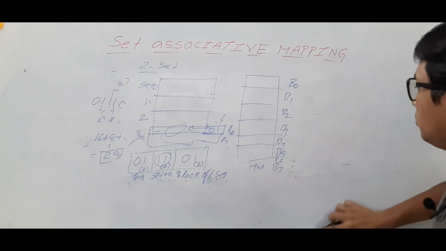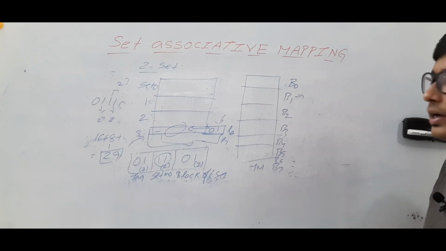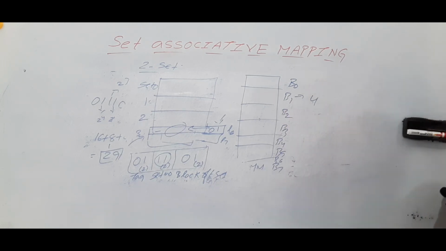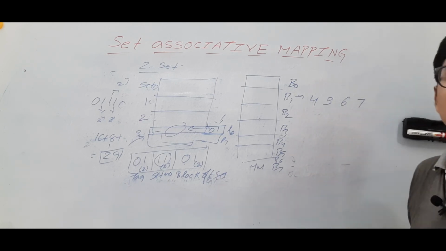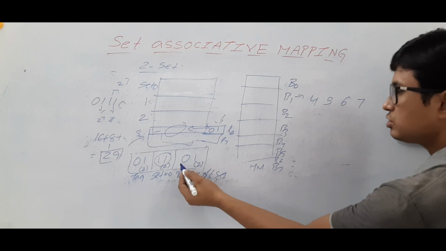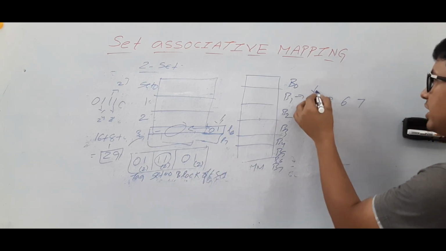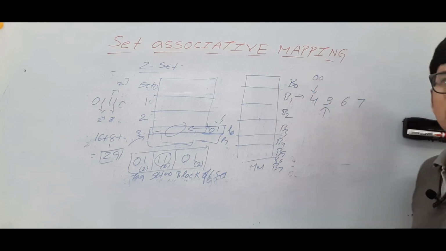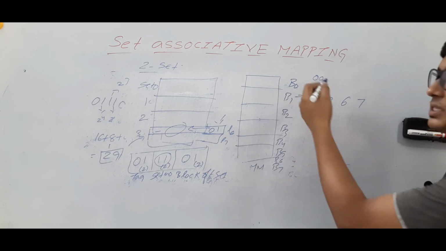Let me not confuse you; let's take block number 1. In block number 1, you have word number 4, word number 5, word number 6, word number 7. The word index 0 is represented as 0, 0.